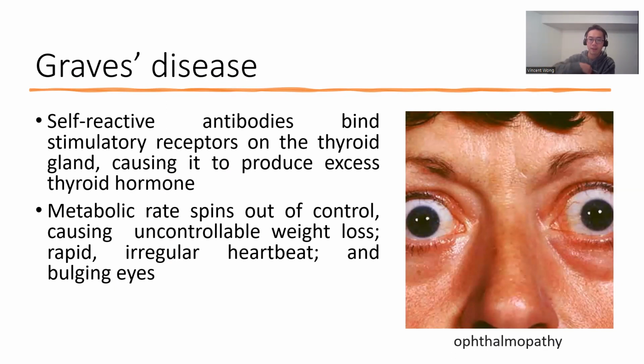You're gonna have very high metabolism. You burn everything that you eat, so you have severe weight loss, rapid heart rate, and your eyes are gonna bulge out a little bit, like in this picture, because those antibodies bind to the muscles around the eyes and cause constant inflammation. So, autoimmune disease.